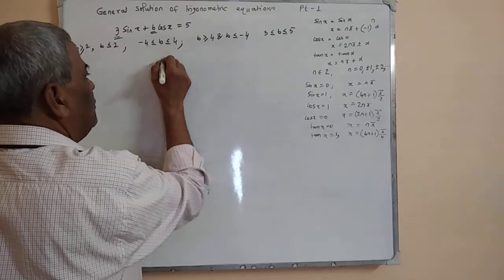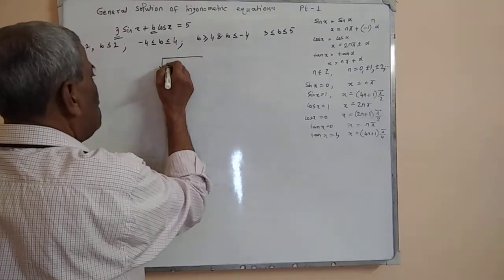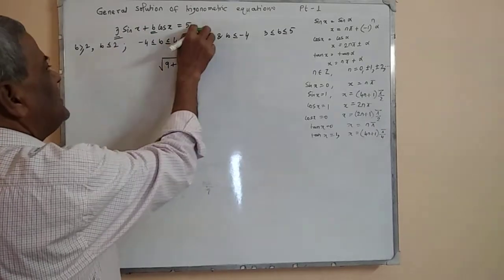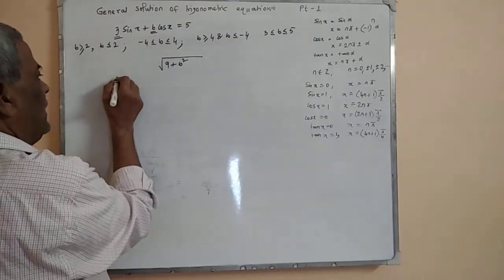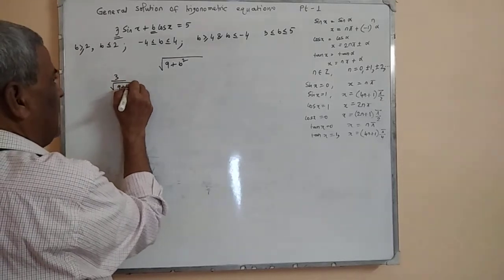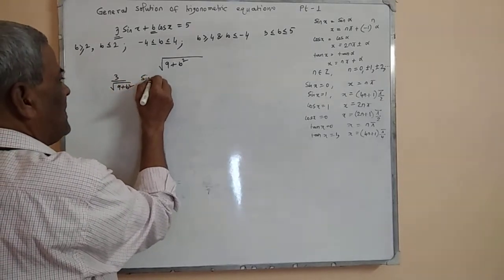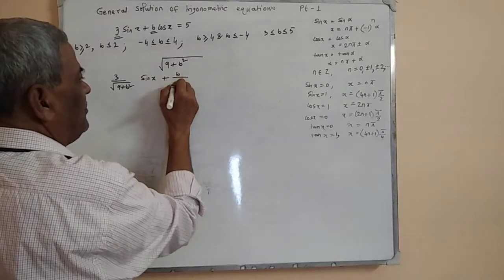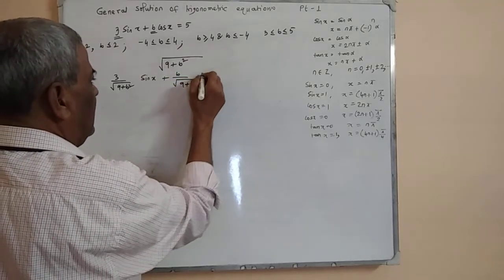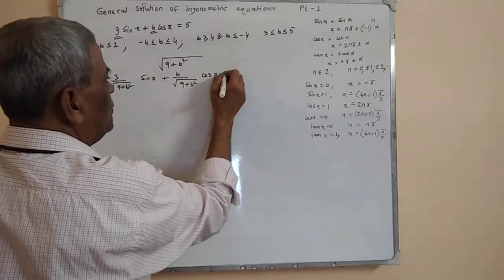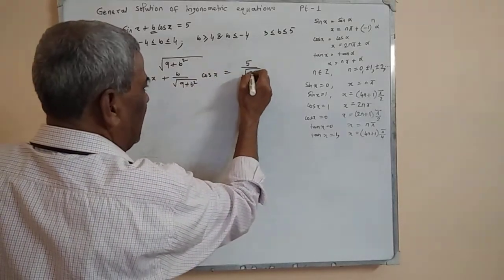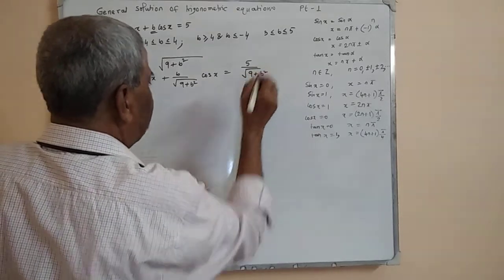That is, we have to divide throughout by root over of 3 square, which is 9, plus b square. Dividing both sides, it is equal to 3 by root over of 9 plus b square into sin x plus b by root over of 9 plus b square into cos x is equal to 5 by root over of 9 plus b square.